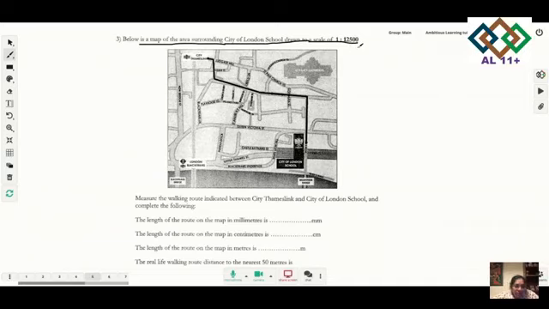Now they are asking you what is the length of the route in millimeters, then in centimeters, then in meters, then in 50 meters.